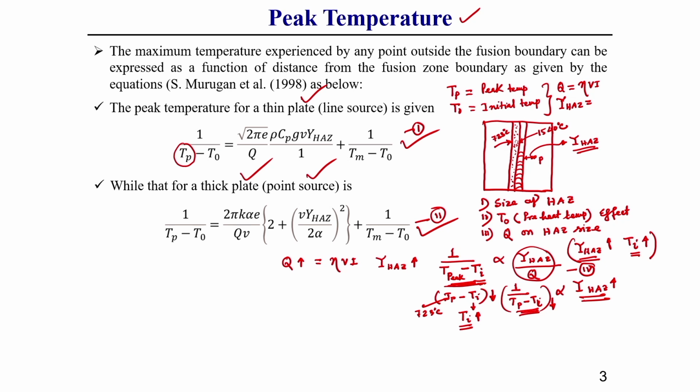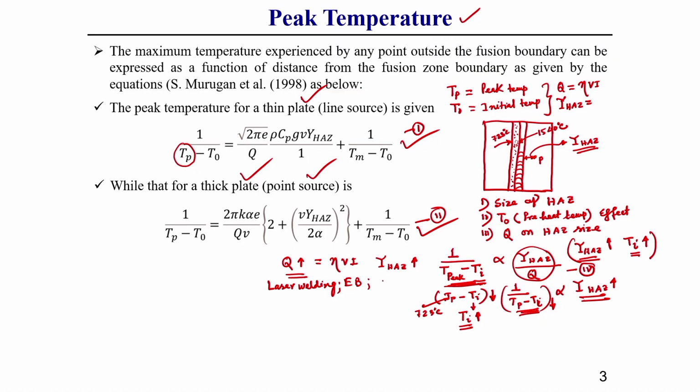That is why for laser welding, electron beam welding, plasma arc welding, for these types of high intensity heat sources, your heat affected zone size is less.